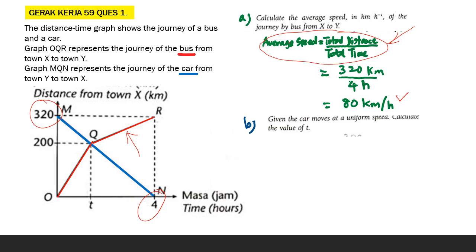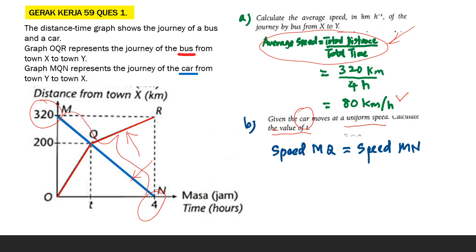Okay, for B, given the car moves at a uniform speed, calculate the value of t. This time it is the car, right? So we focus on the blue graph. As you know, for uniform speed, the gradient will be the same, anywhere you take.